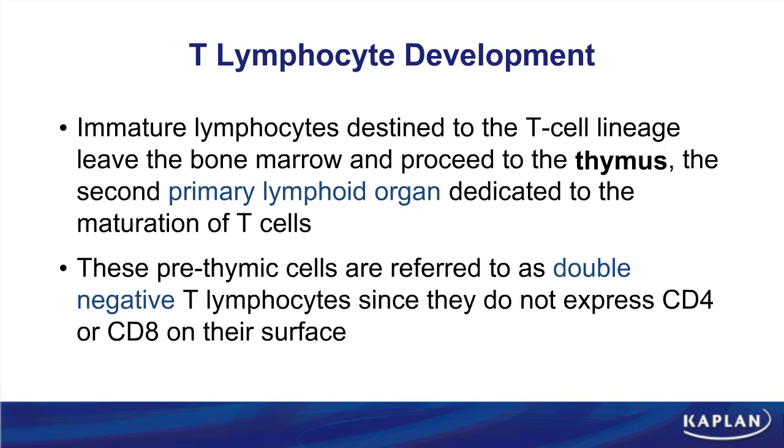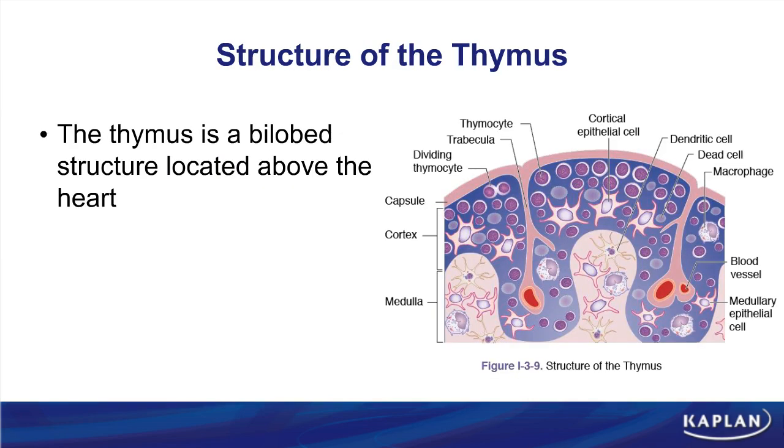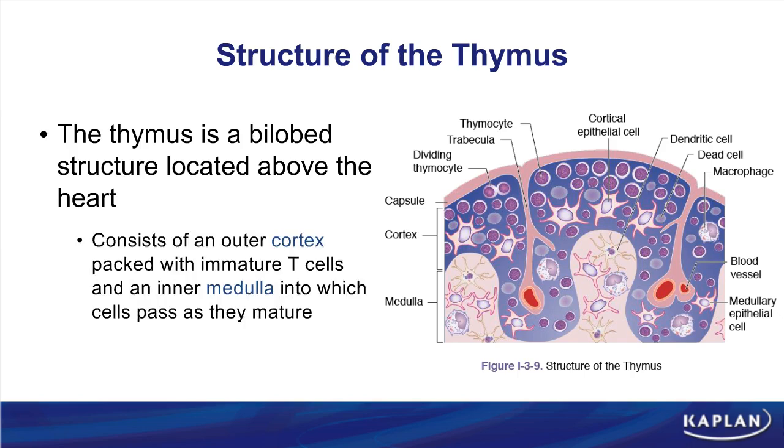The double negative simply refers to cells that are going to enter into the thymus but do not express the cell surface markers CD4 or CD8 on their surface. Well, welcome to the thymus. Remember, our progenitor cells are considered prethymic or double negative before entering into the thymus.